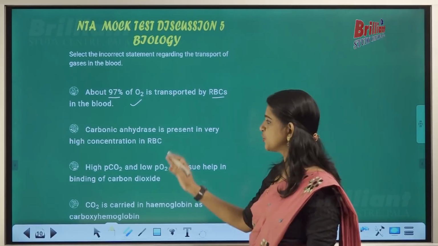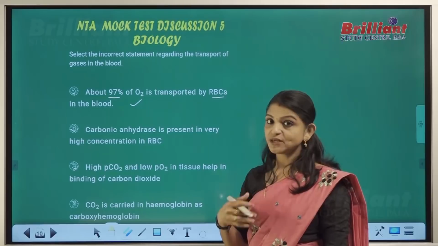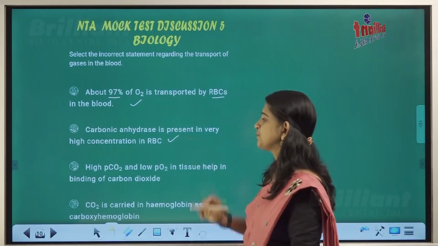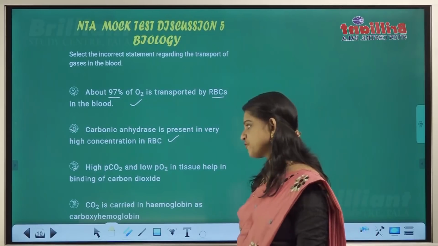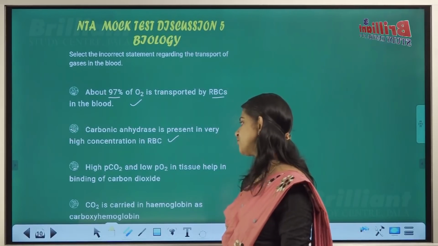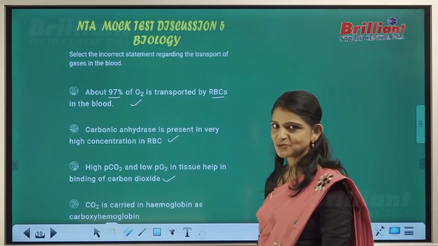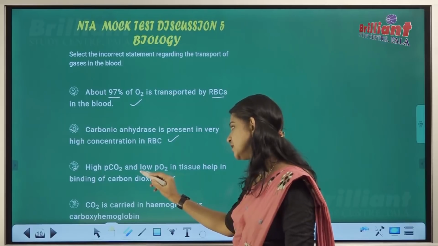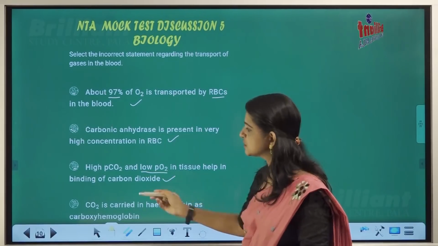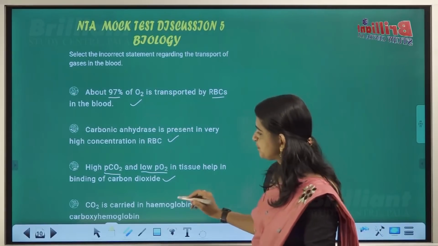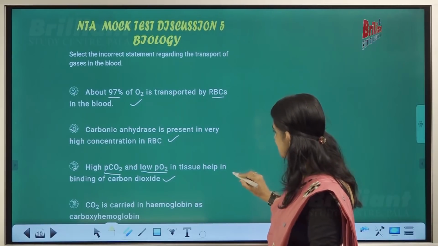That's also correct. Next one, high partial pressure of carbon dioxide and low partial pressure of oxygen in tissue helps in binding carbon dioxide. That is also correct. In tissue, there will be a decreased amount of oxygen and a high amount of carbon dioxide.